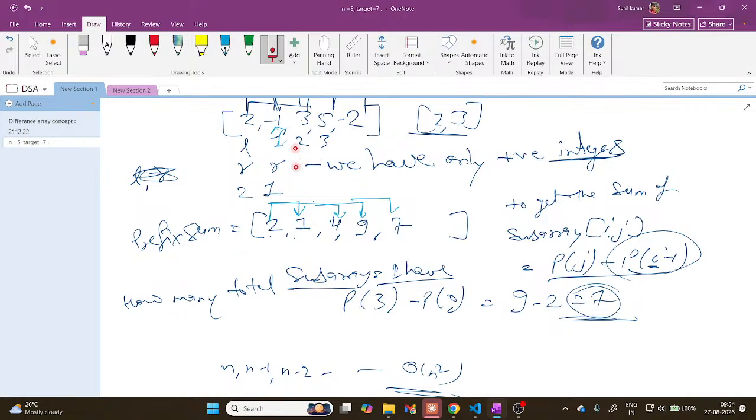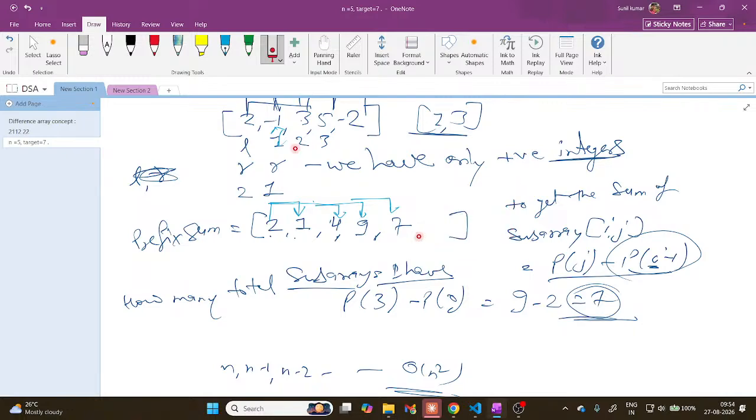Okay, then how can I, if I go from here to here, here to here, and here to here, right? Then this is again order of n square, right?